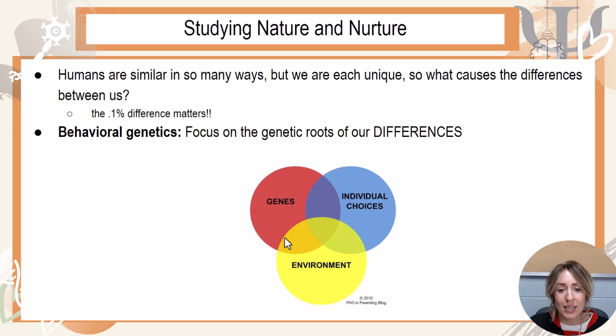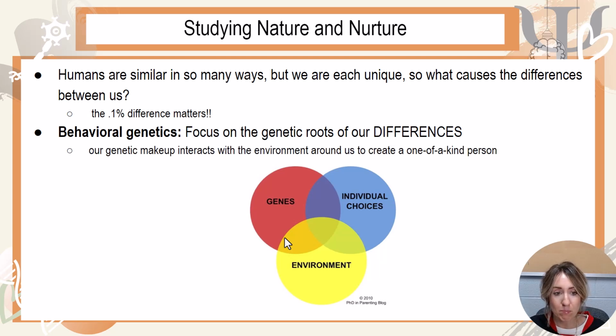So what is it about our genes and our individual choices and our environment? What is it about how all three of those things come together that make that 0.1% difference, and how do those differences make us who we are, make us special and unique? Our genetic makeup interacts with a unique environment and unique choices, and that creates a one-of-a-kind person. And so behavior genetics studies those differences.